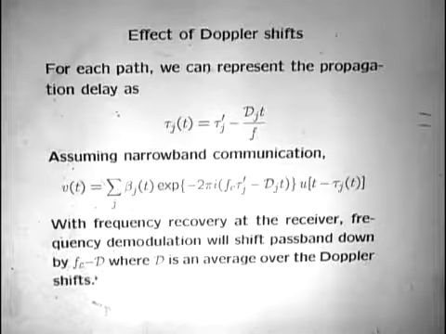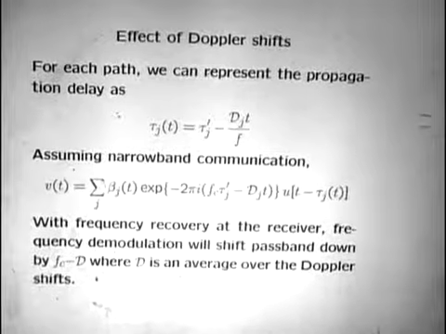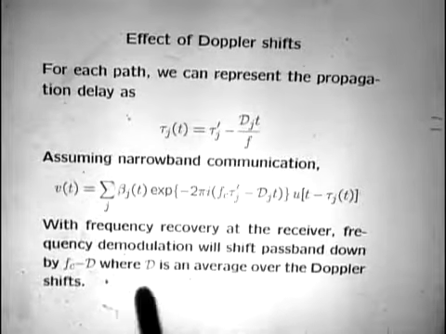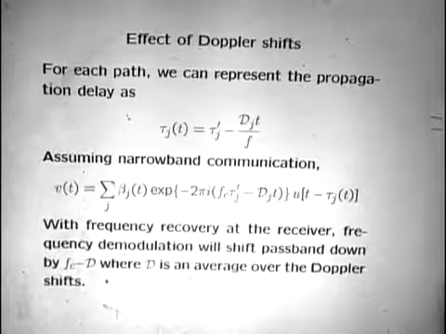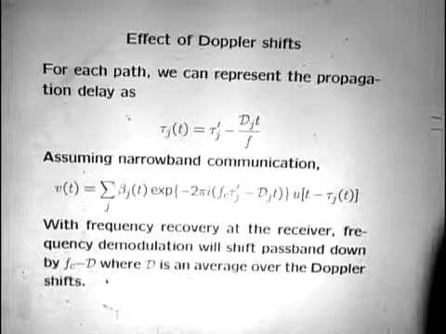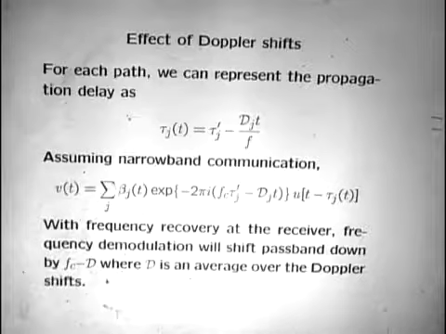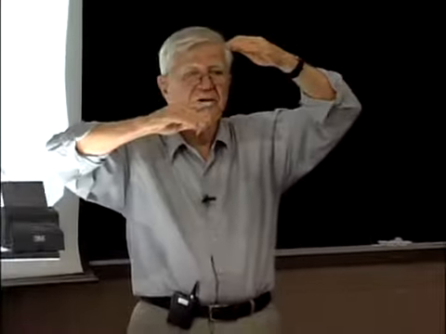The reason for going through all of this, and I'm going to come back to this next time, is that when you use frequency recovery at the receiver, and you always use frequency recovery at the receiver, you're not going to shift down by f sub c. You're going to shift down by f sub c plus some average value of Doppler shift. You have a bunch of terms, each with different Doppler shifts in them.